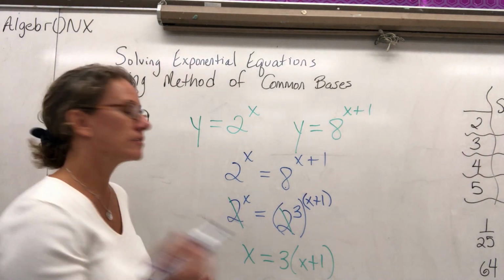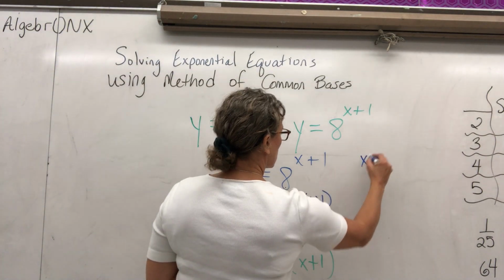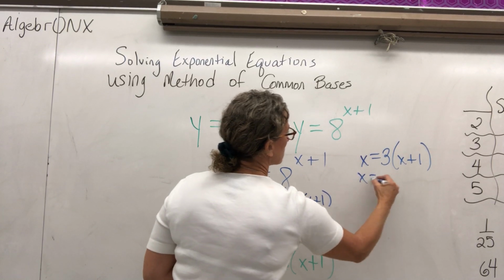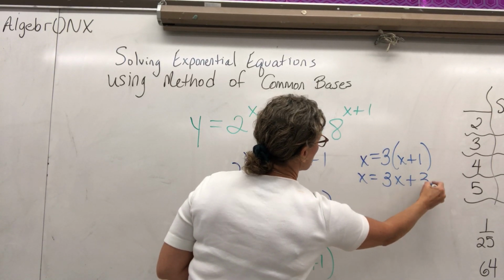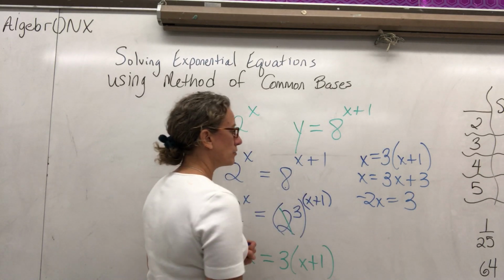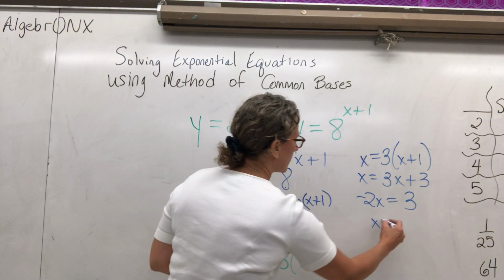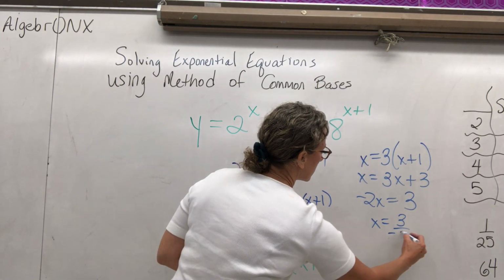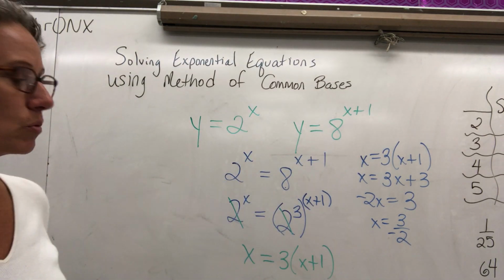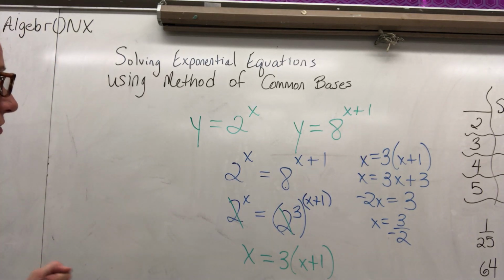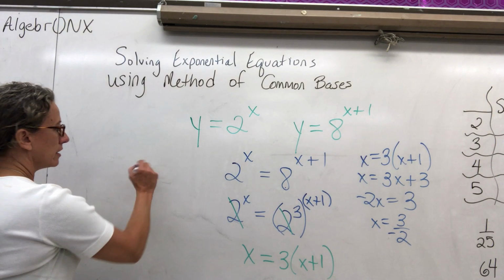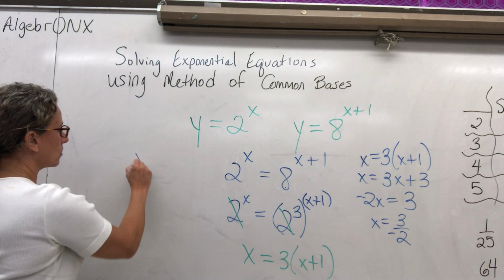So moving over to the side, x equals 3 times x plus 1 becomes 3x plus 3, subtracting 3x, I get negative 2x equals 3, dividing by negative 2, I get negative 3/2. So the value where they intersect, the x coordinate, is negative 3/2. Then you take that x coordinate and sub it in to find the y coordinate.